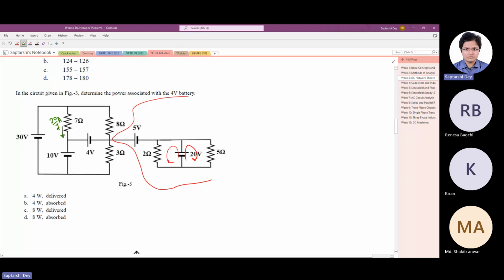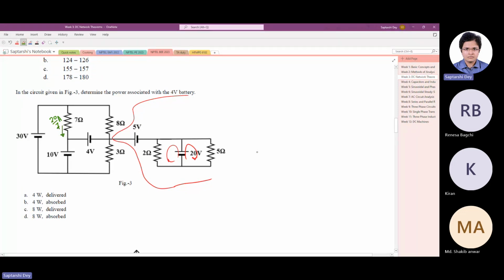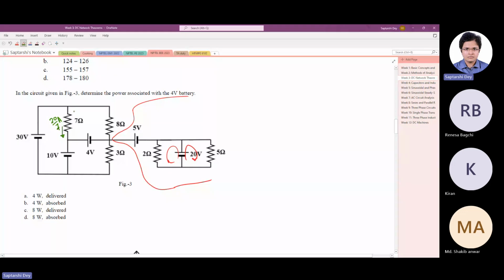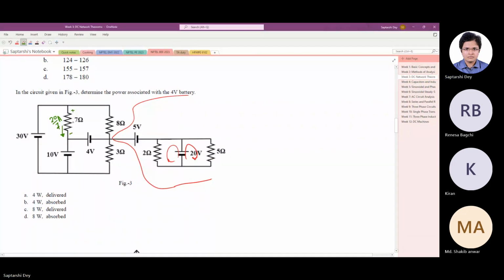Is it clear how it came? Simply, the 7 ohm has 20 volt across it in this fashion, so this much current we have.